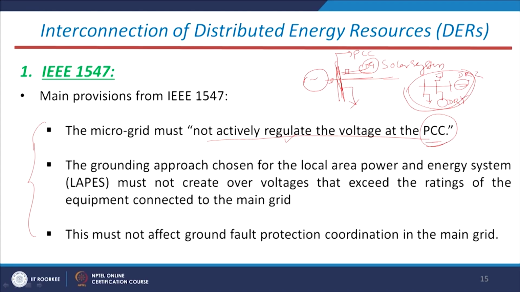It may be a solar system, it may be a wind system, and this is my battery storage and this is my load. Those equipments together we call a microgrid. So, this microgrid should not regulate the voltage at this PCC. This is very important. This is one of the important guidelines of the IEEE 1547 series.